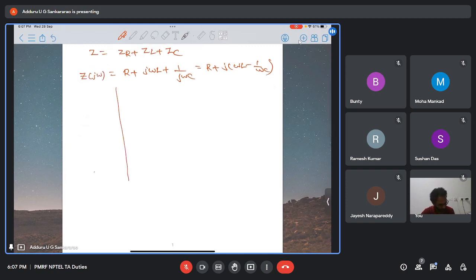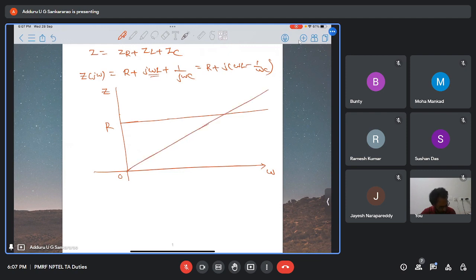Now if I draw a plot between frequency and this impedance, here R is some constant. How the impedance of the resistor and inductor vary: R is some constant based on the resistance, and the impedance of the inductor is omega L, so it is linear with respect to frequency, and the impedance of the capacitor is 1 by omega C. It is something like this.